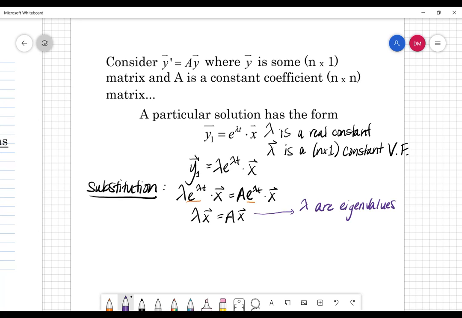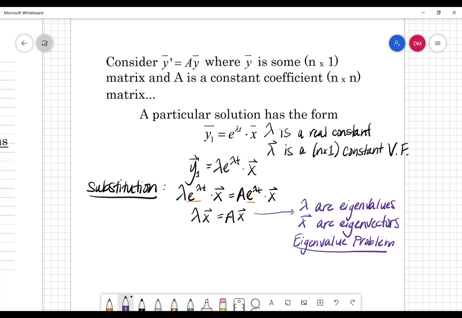X, since it is a constant vector function, is what we call eigenvectors. And this is the basis of our eigenvalue problem: in order to solve these systems of differential equations, we use this eigenvalue problem and we identify eigenvalues and eigenvectors.